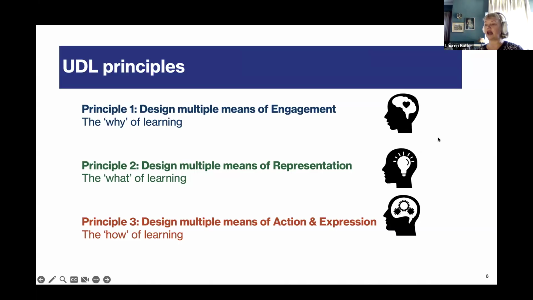And so the UDL guidelines and principles focus on activating these three processes, and in doing that, address the diversity in learning, which the three main categories of UDL speak to: designing multiple means of engagement, designing multiple means of representation, and designing multiple means of action and expression.